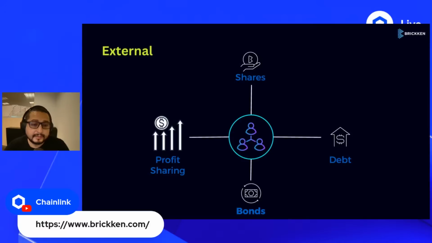There are two types of tokenization that are super important to understand. There's external tokenization, in the sense that the real world asset per se is not the asset tokenized. For example, there's a lot of marketing that says real estate is getting tokenized. In reality, the real estate, the hard asset, is not the one tokenized, for various legal reasons that make it inefficient.